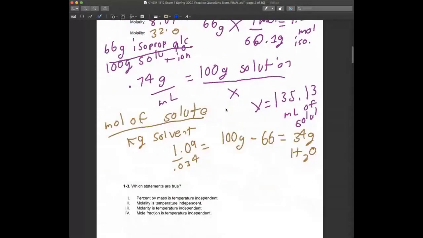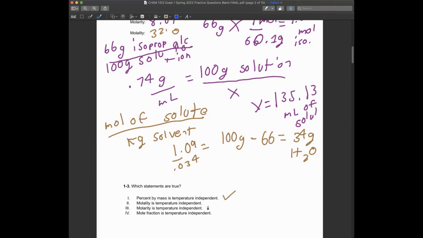Okay, so let's talk about 1 to 3. Which statements are true? I'll give you all a few seconds to think about that, and we can talk about it. Percent by mass is temperature independent.